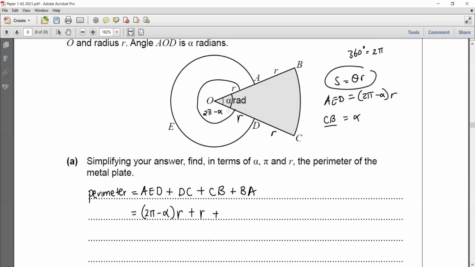It goes from the center to C, so it's not just r. It is r plus r, which is 2r. So this is alpha times 2r. So this is 2 alpha r, and then BA, that is just equal to r.